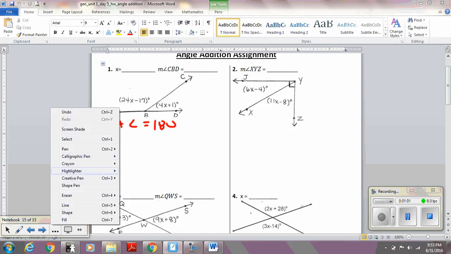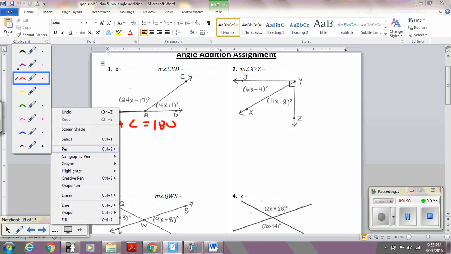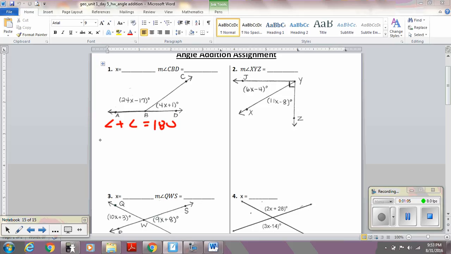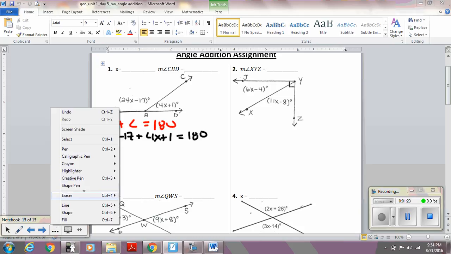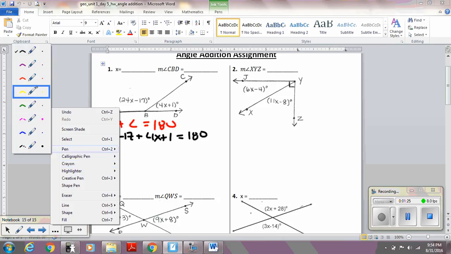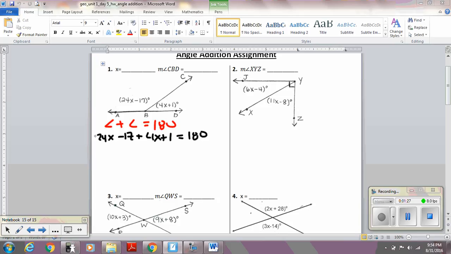Knowing that, we're going to replace the angles with the algebra expressions. So that's 24x minus 17 plus 4x plus 1 equals 180. Now first things first, let's combine our like terms. 24x and 4x will make 28x.